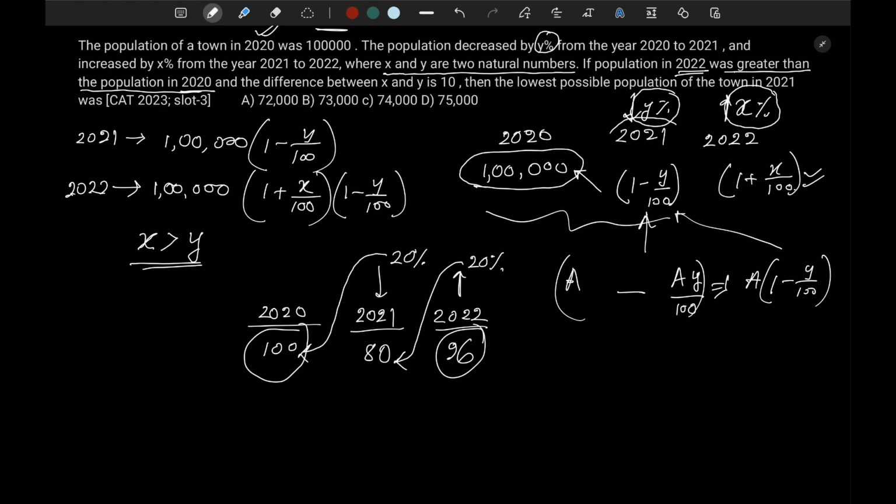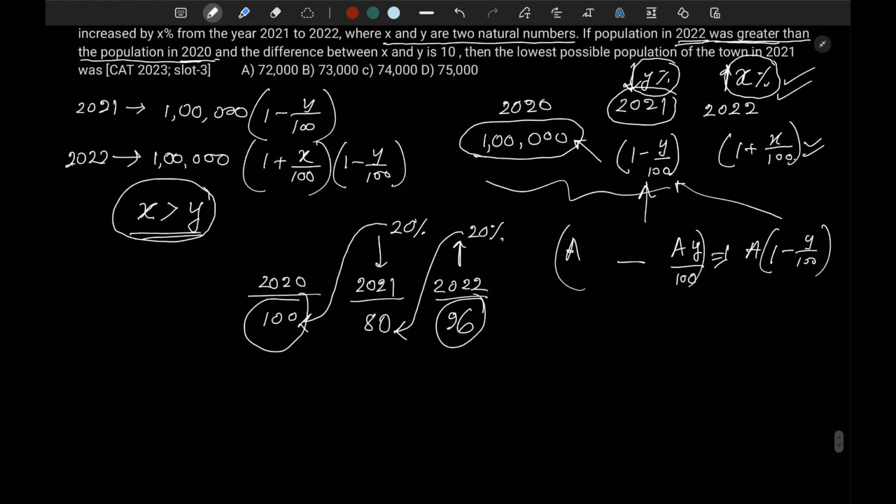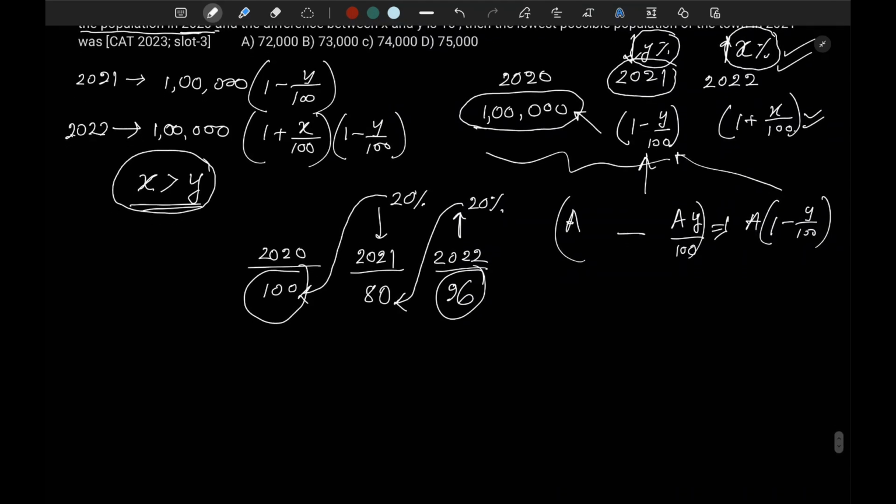Because that increment happened on the population of 2021, and in 2021 we already had a reduced population. So x has to be greater than y to make this condition true, that in 2022 the population was greater than 2020. So hopefully you understood this. This was an important thing to understand in this question, because otherwise it would have become very lengthy. So x is greater than y.